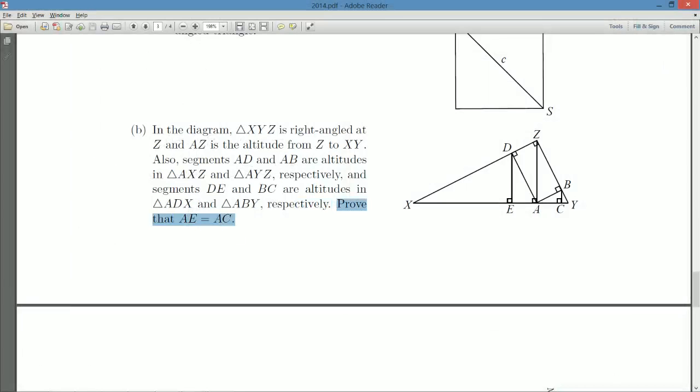It's actually quite a short geometry proof considering some of the other ones I've had to write. But yeah, we got it. AE equals AC, and that's kind of a cool little fact about right angle triangles here. If you drop the altitude and then drop 2 more altitudes and then 2 more altitudes after that, they're going to be the same distance away from the original altitude. So that's kind of nifty.